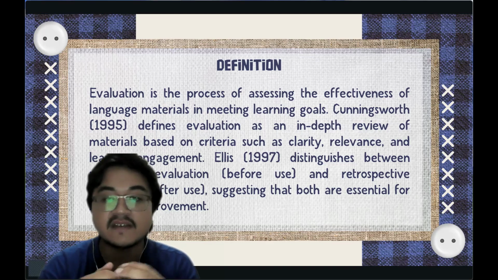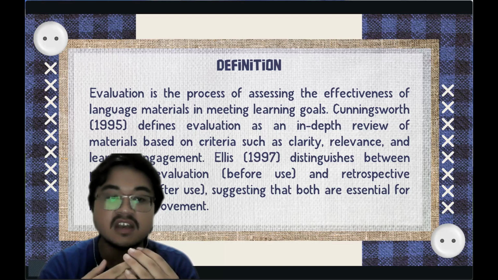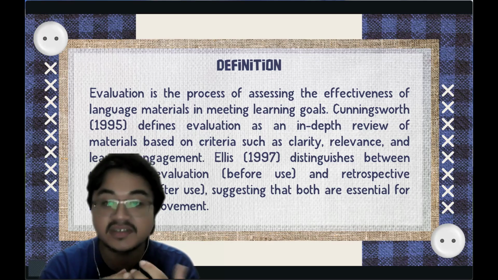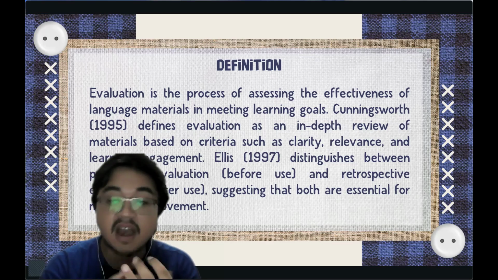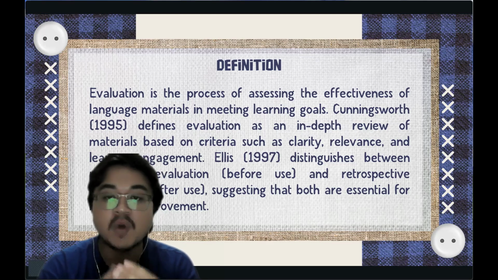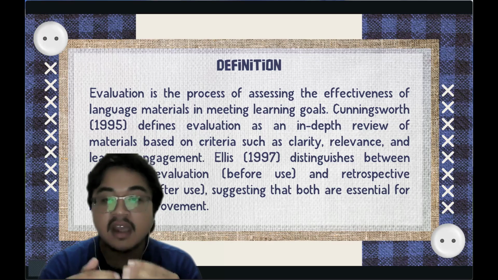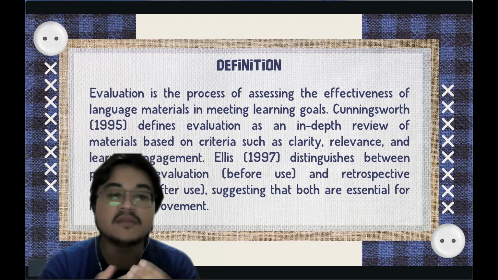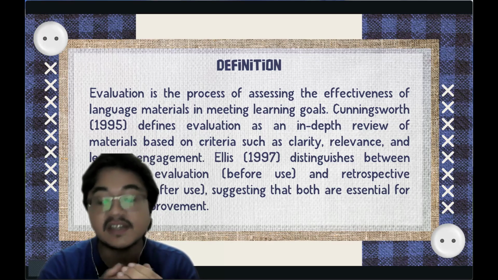Alice in 1997 distinguishes between predictive evaluation before use and retrospective evaluation after use, suggesting that both are essential for material improvement.